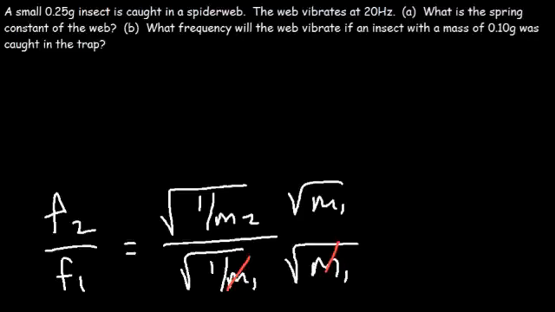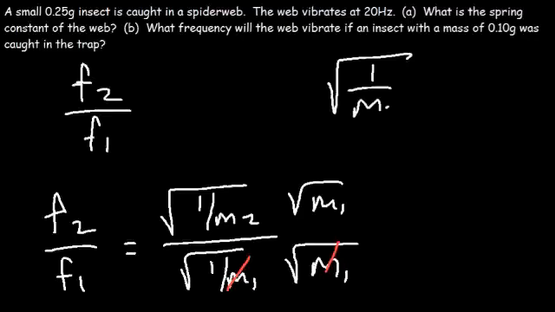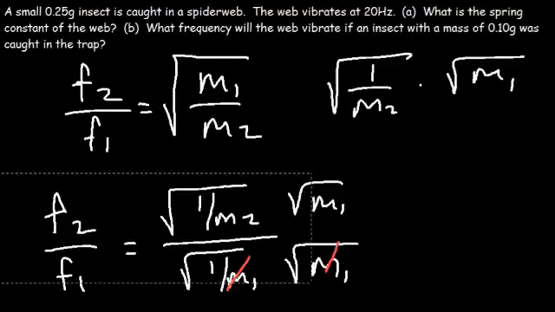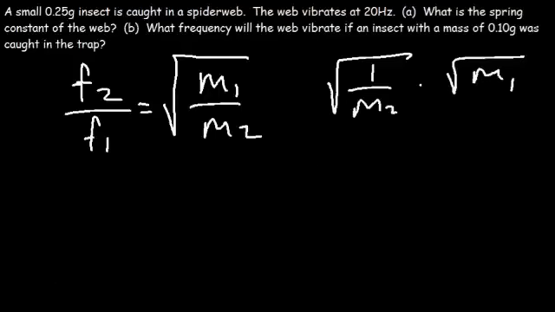And so we're going to have F2 divided by F1. And if you multiply 1 over M2 times M1, this is just going to be the square root of M1 over M2. So this is the equation that we can use to get the answer to the second part of the problem if we don't have the spring constant K.